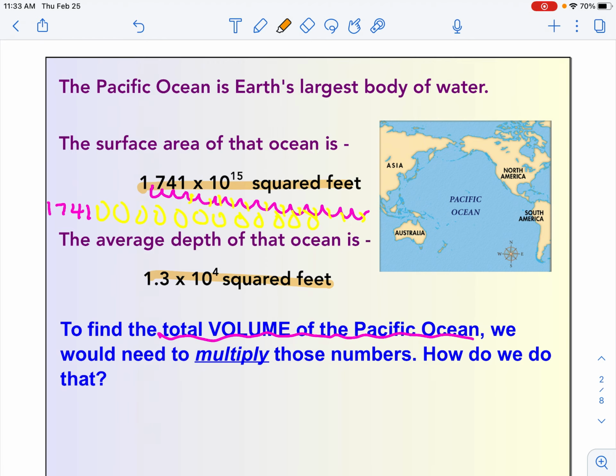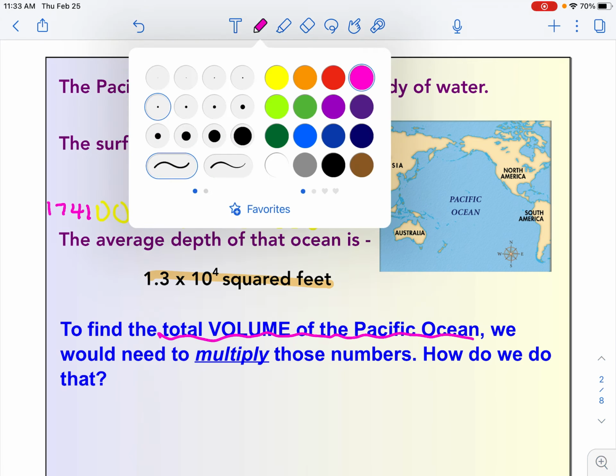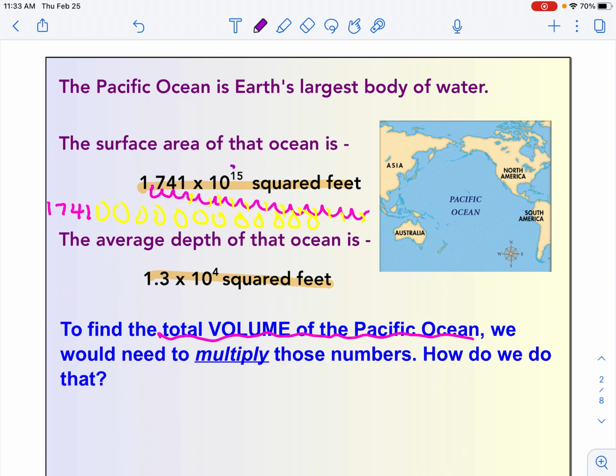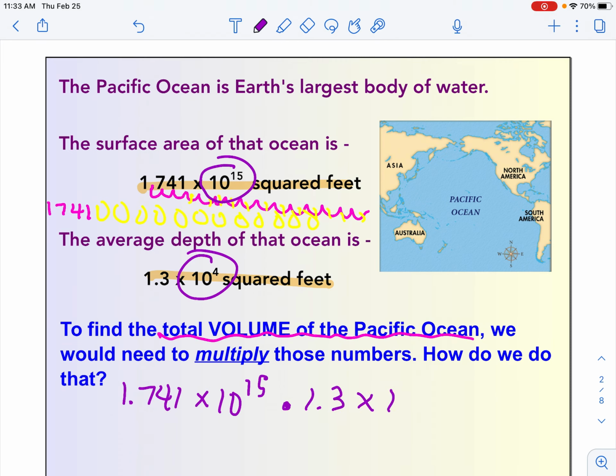And actually, we've already done some of this because we already know how to take 10 to the 15th times 10 to the 4th, because we're just going to add those exponents. So really, we would just need to take 1.741 times 10 to the 15th and multiply it by 1.3 times 10 to the 4th. And again, these are just multiplied together, and so are these.